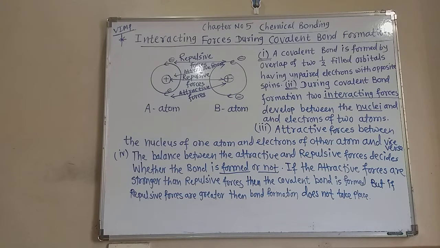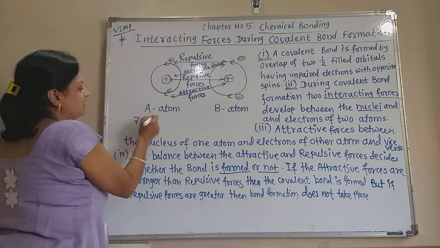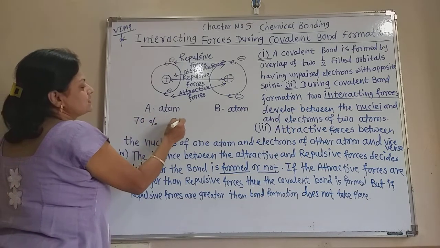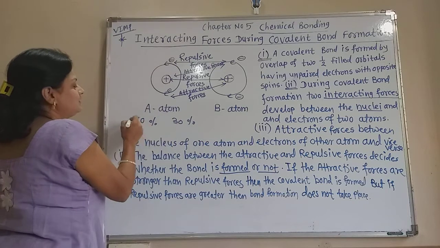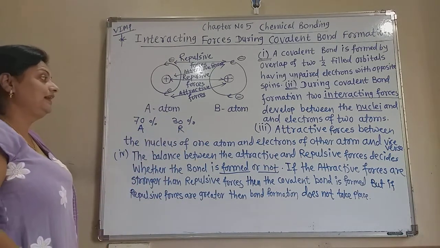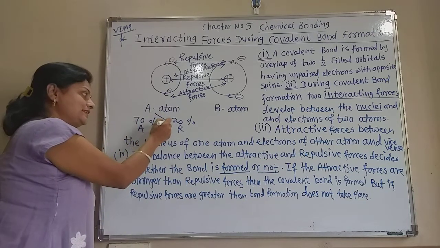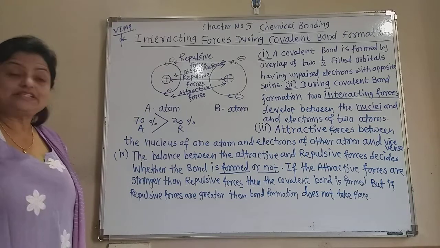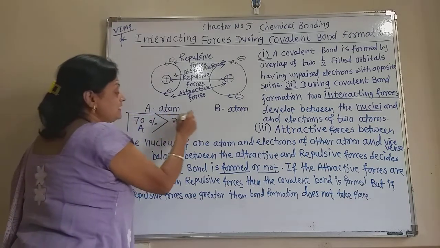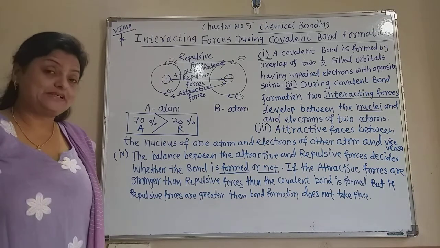Suppose the attractive forces are 70% and the repulsive forces are only 30%. Then the attractive forces are greater than the repulsive forces, so formation of a covalent bond takes place.